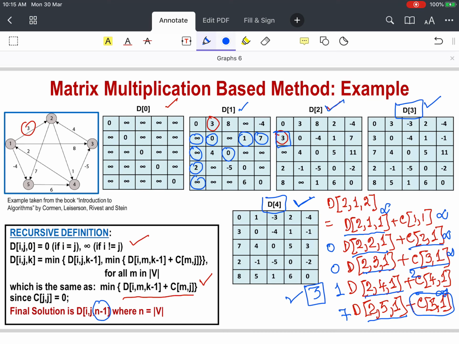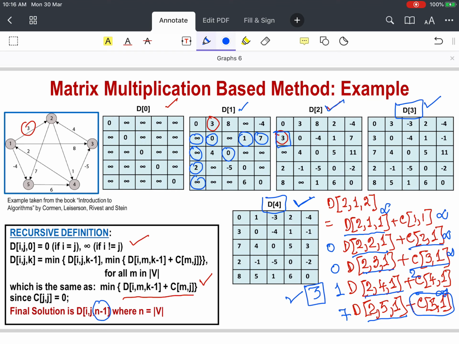Since there is no change between 2 iterations, you can determine that you can stop there, because the next iteration will remain the same. Which means that though we are looking for the shortest cost path of length at most n minus 1, where n is the number of vertices in the graph, the algorithm could terminate earlier.